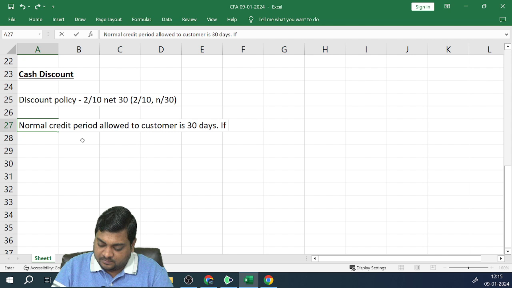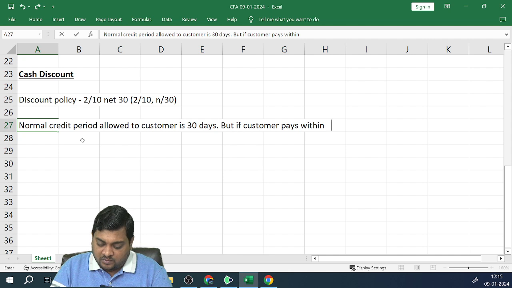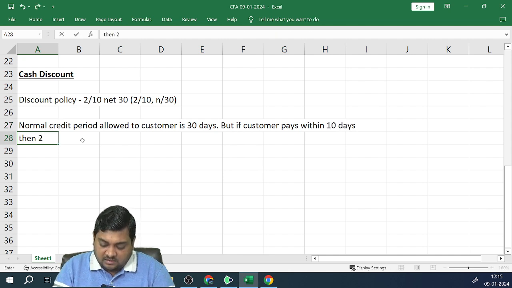But if the customer pays within 10 days, then a 2% discount.